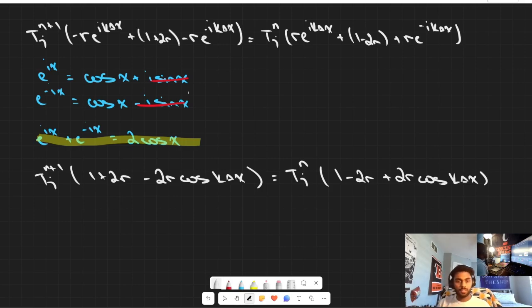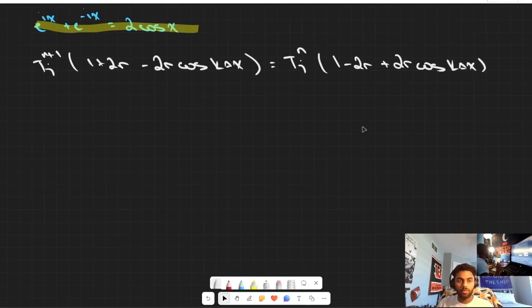So let's do one last step, and that will show us why this Crank-Nicolson method is better for inputting multiple values of R. I'm going to divide both sides by whatever's in parentheses on the left, Tj at n.